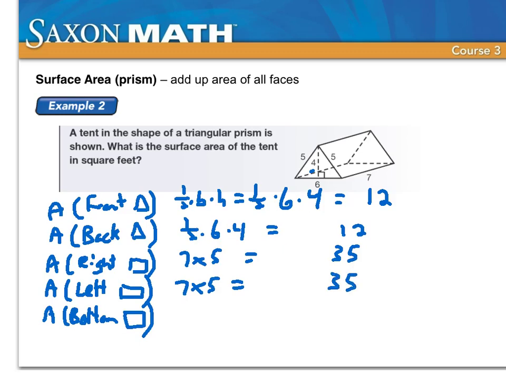Then the bottom rectangle, we'll look at the bottom rectangle right here. Okay, it's got a length of 7, but a width of 6, which is 42. Then we're just going to take all of those and add those up.